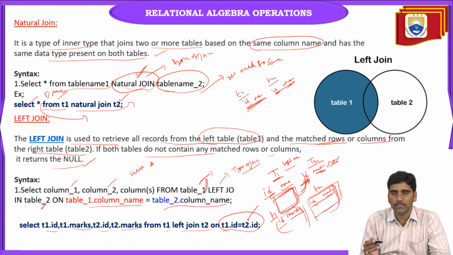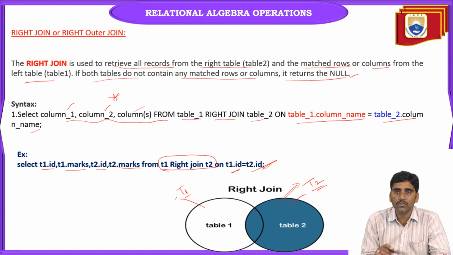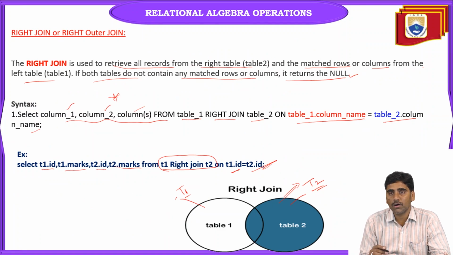For the syntax, write select column names as usual. If you want all columns, use star. If you want only one or two columns, write only those columns. That is how left join is written.